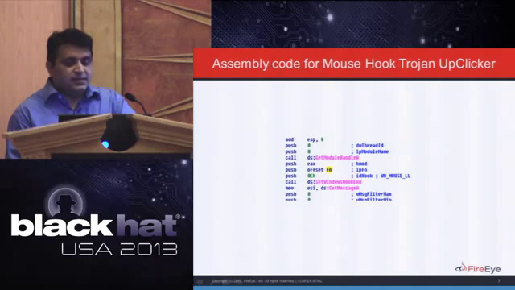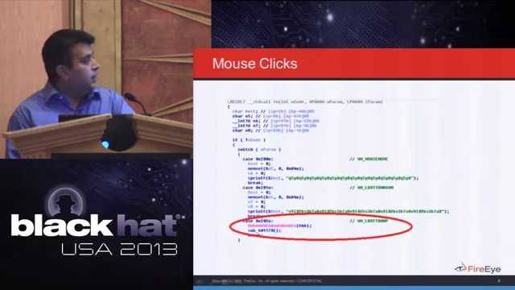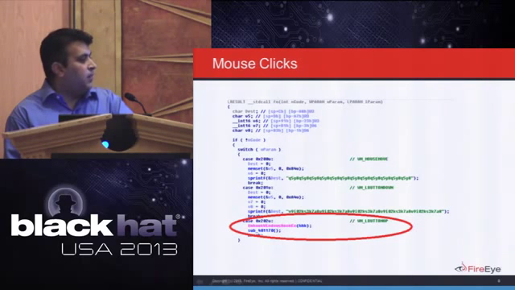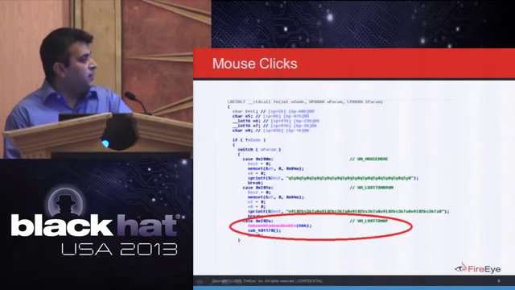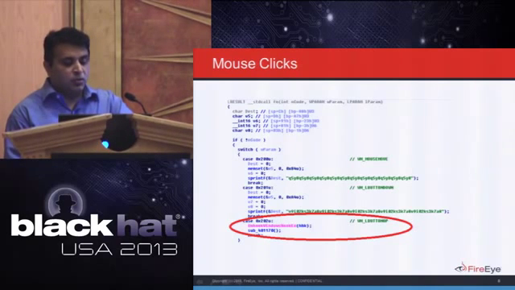By passing this parameter, it hooks to the mouse activity, after which the code has a switch case. Only when the left mouse button is clicked up, it unhooks from mouse activity and makes a call to the malicious code.